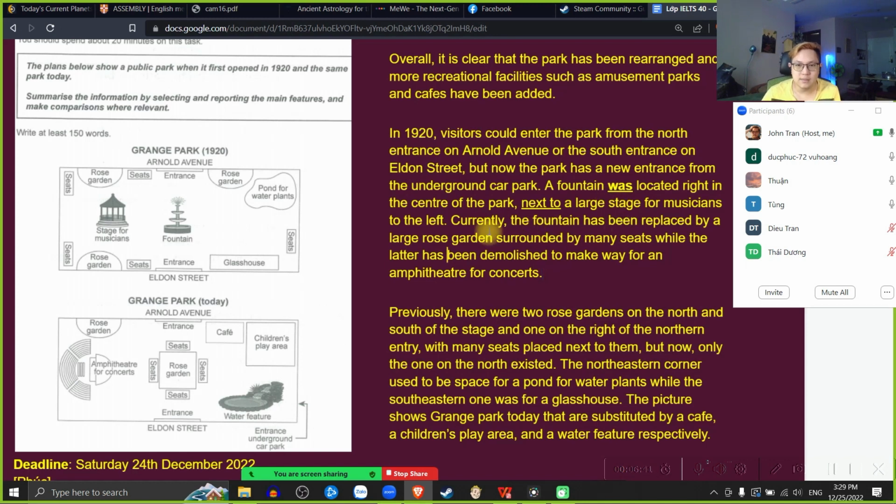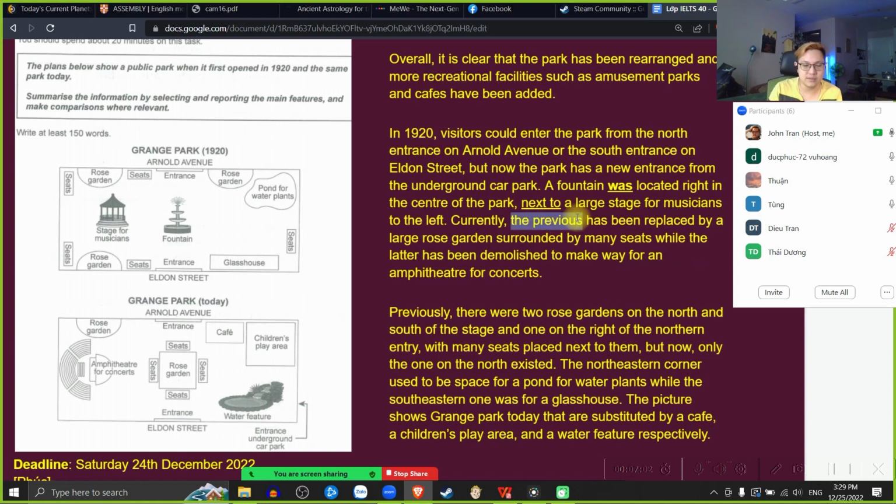Sorry. So in the previous sentence, you mentioned fountain, which is the previous, and large stage for musician is the latter. Câu trước đó nó là cái fountain được thay thế bởi một cái rose garden. Thì chỗ này mình có thể dùng chữ the previous.